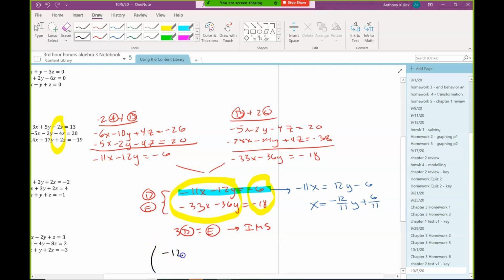So that gives me my first component for my answer. Tells me how to find my x. And then because I've written that component in terms of y, I know the y is the independent variable, so the y is just y.